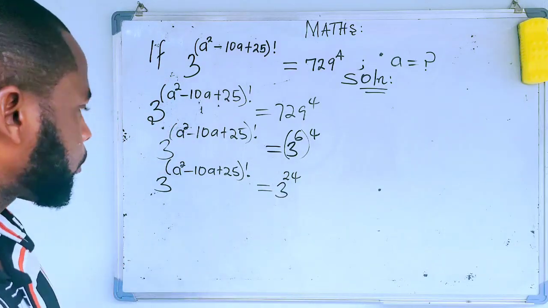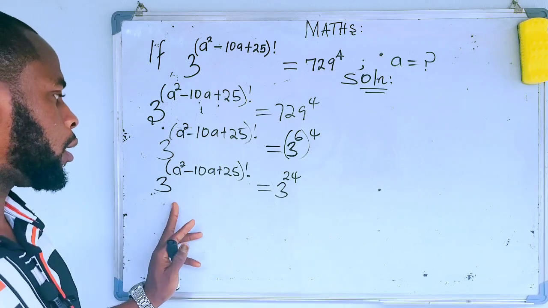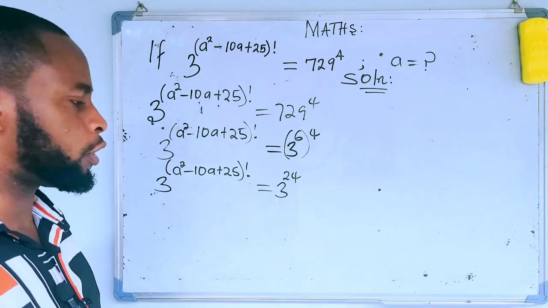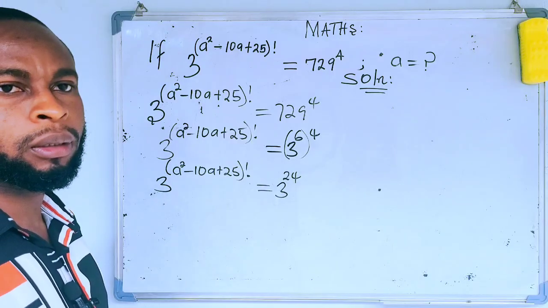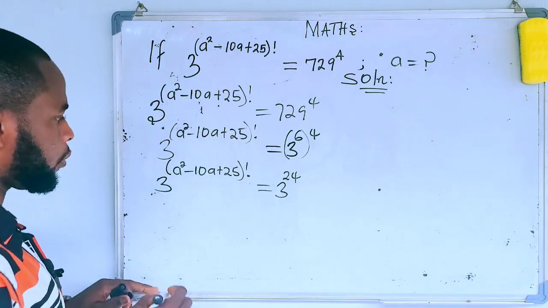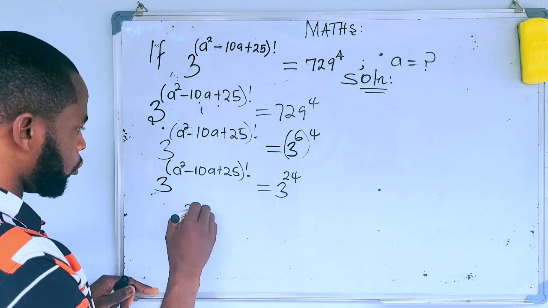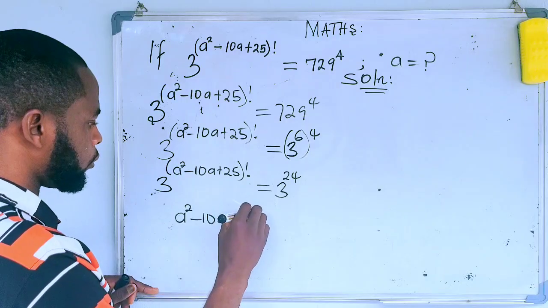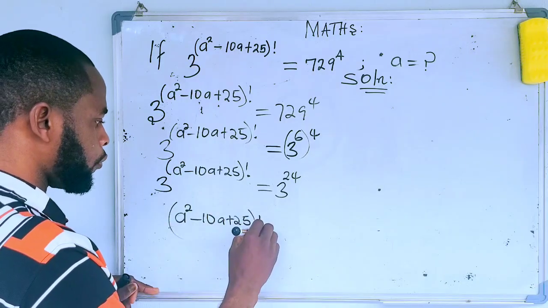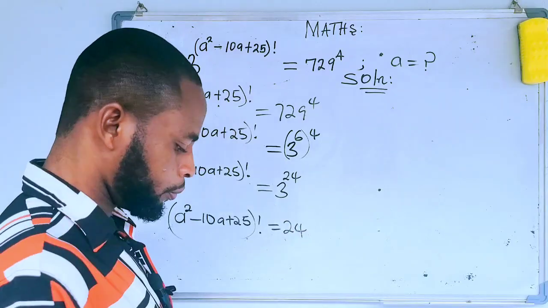And now, since both sides of the equation are expressed in the same base, we are going to equate the powers. Then here we have a to the power of 2 minus 10a plus 25 factorial equals 24.